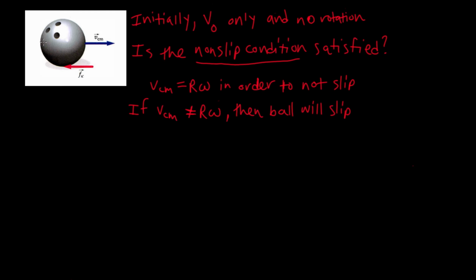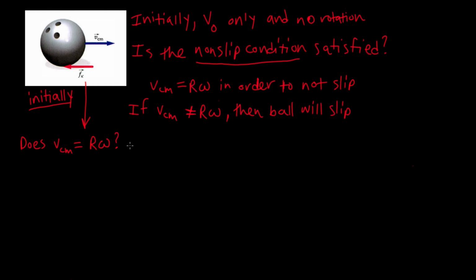We're analyzing the bowling ball initially, meaning as soon as it touches the floor, the initial state of the bowling ball. So the question we're asking is, does the velocity of the center of mass of the bowling ball equal the radius of the bowling ball times its initial angular speed?